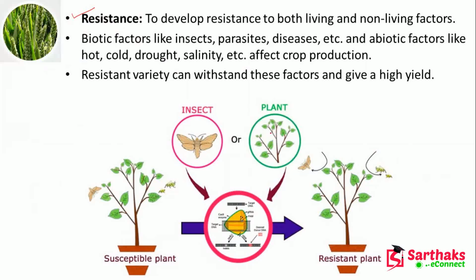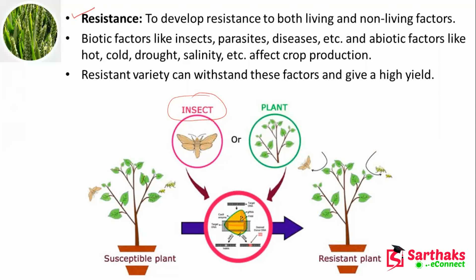Now, if you are growing a field of so many plants, at that time the insects are attracted to the plants, and these living factors are very, very important. So biotic factors like insects, parasites, diseases, and abiotic factors like hot, cold, drought, salinity, etc., all these will affect the crop production.